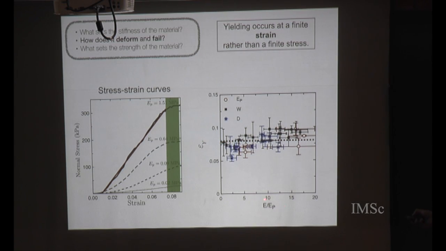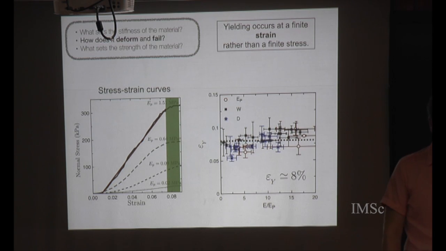Here we just plotted it as a function of the ratio of the elastic response to the polymer elastic response. As I said, it's typically about 10, because we had to plot against something, but there's no obvious dependence on anything that you can try there. Basically we always get a yield strain, it breaks down at a finite strain of about 8% on average.